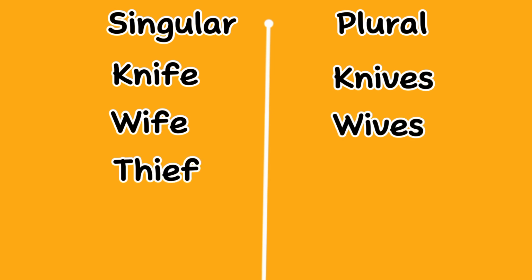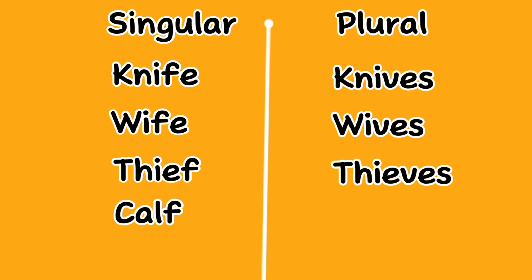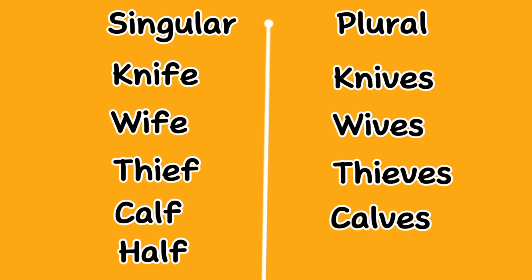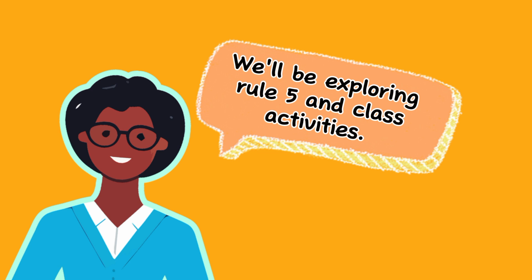Thief. Remove the F and add VES. Thief, singular, thieves, plural. Calf. Remove the F, calves, plural. Half, singular, halves, plural.